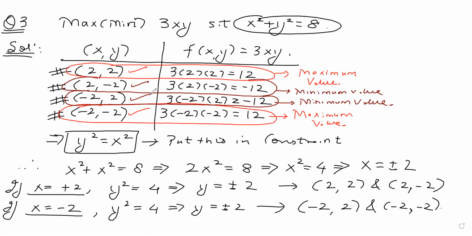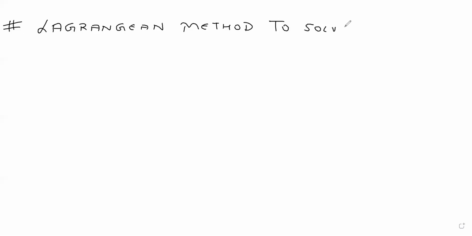Okay, now this was one particular way of solving the constraint optimization problem. Okay, let's now look at the next particular method, which we call as the Lagrangian method. Lagrangian method to solve the following problem.